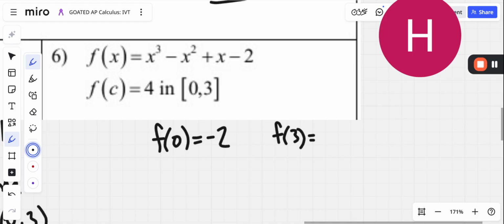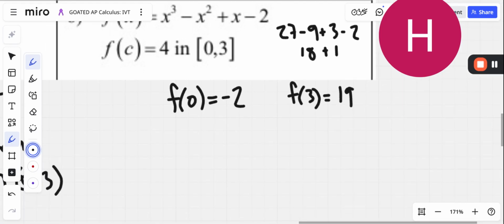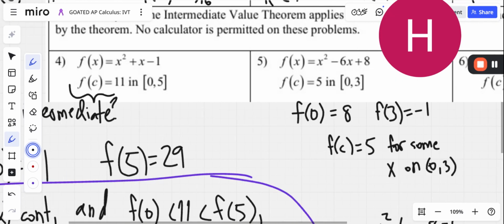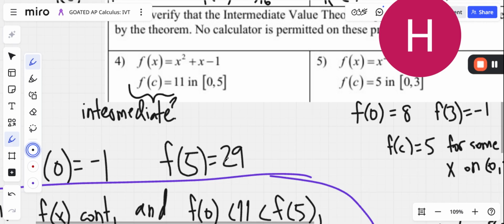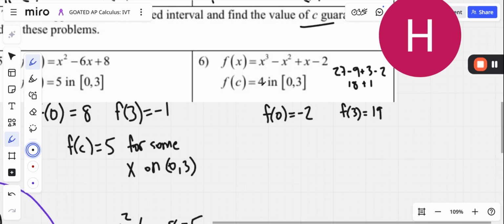So let's write that out. 27 minus 9 plus 3 minus 2. So 18 plus 1. That's 19. Great. And since 4 is in between these values, we can guarantee that it is going to cross through at some point. Notice that that was the tactic. Every time we need to make sure that the value for the function is actually intermediate, that it's actually inside of those boundaries.